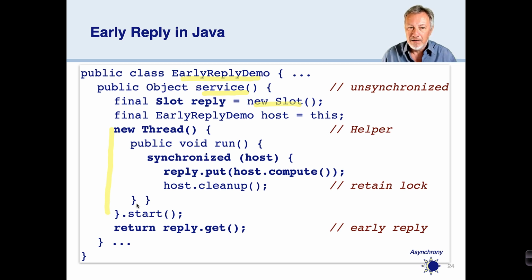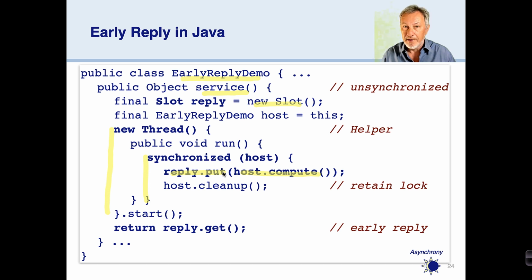And in the run code, we maintain the synchronization of the host. So this is where the service is actually performed. Notice that the service itself is not synchronized, but this is the code that's actually executed for the service, and it consists of two parts. We compute something, and we reply. We reply by placing the result in the one-slot buffer.